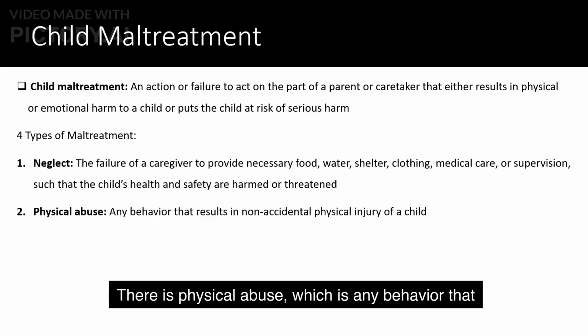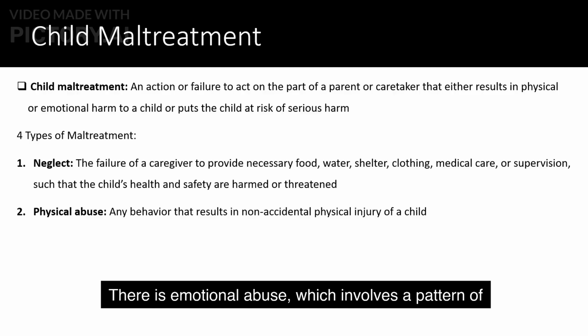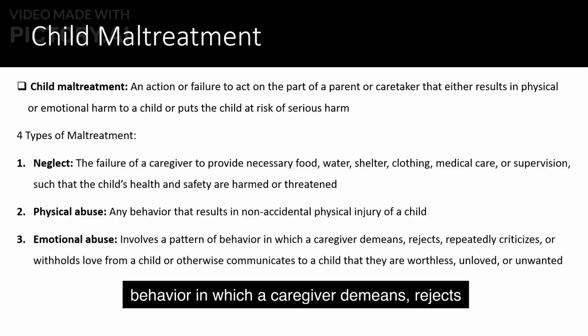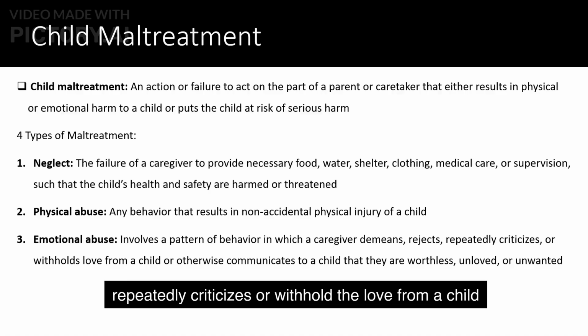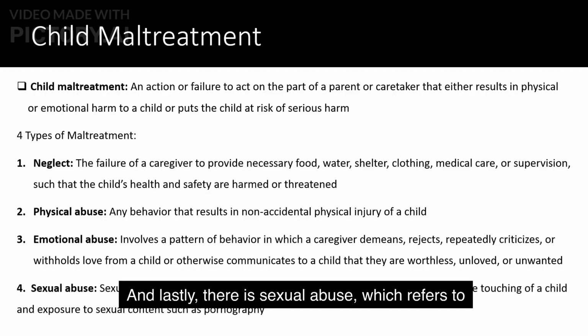There is physical abuse, which is any behavior that results in non-accidental physical injury of a child. There is emotional abuse, which involves a pattern of behavior in which a caregiver demeans, rejects, repeatedly criticizes, or withholds love from a child, or otherwise communicates to the child that they are worthless, unloved, or unwanted.